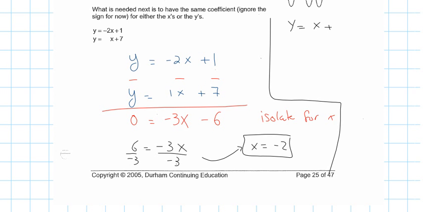If I plug in negative 2 for x, because I know x is negative 2, then y equals 5. Yes? So I found my point of intersection, which is negative 2 and 5.